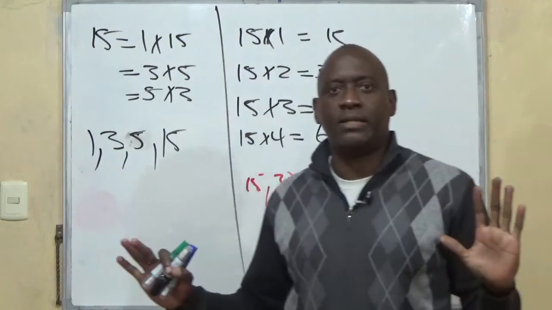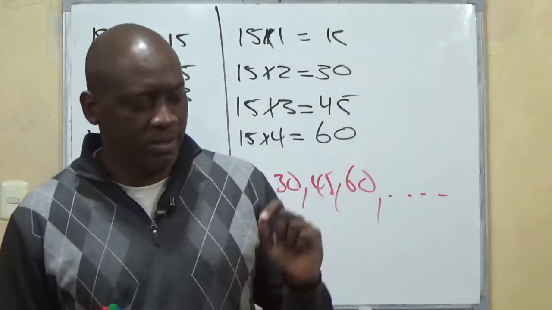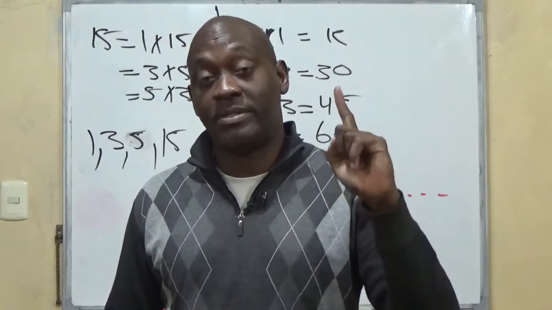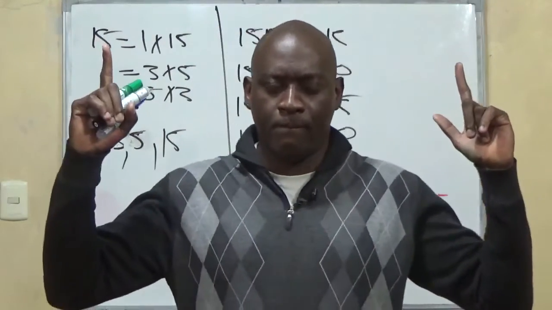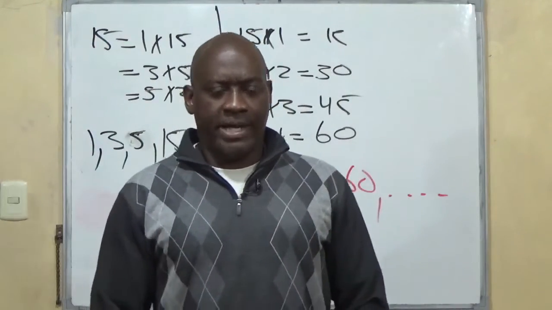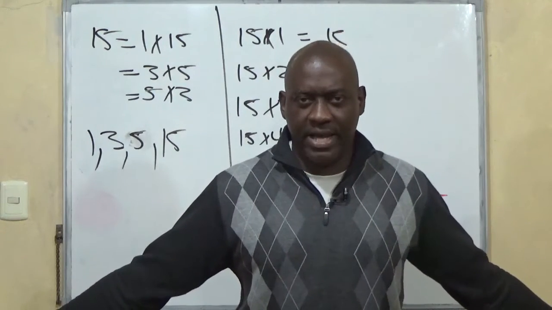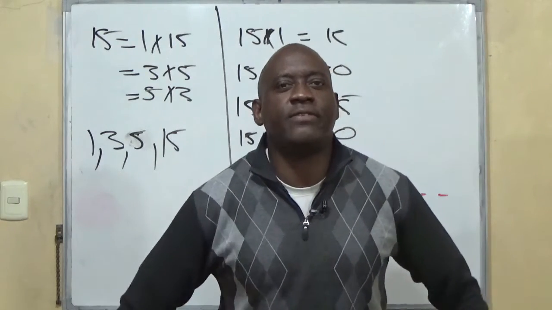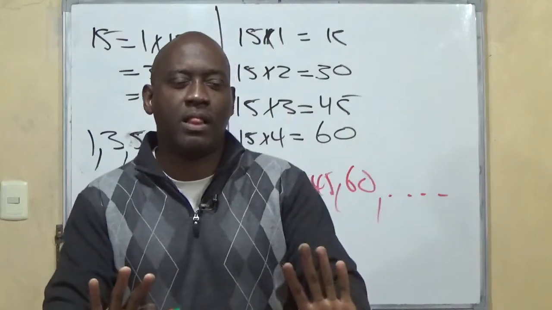So you have seen in this video an illustration of the difference between factors and multiples, not to ever be confused with each other. You start off by considering the very words themselves. If they ask you for the multiple, then tell yourself that you have to multiply to get a multiple.